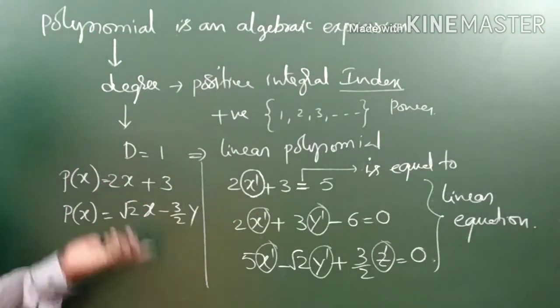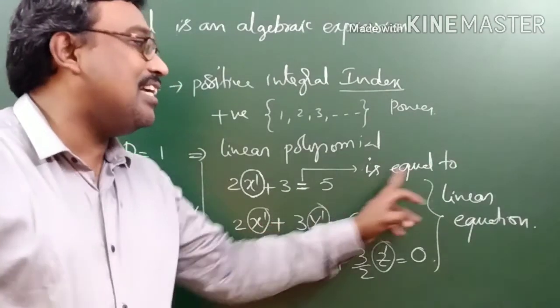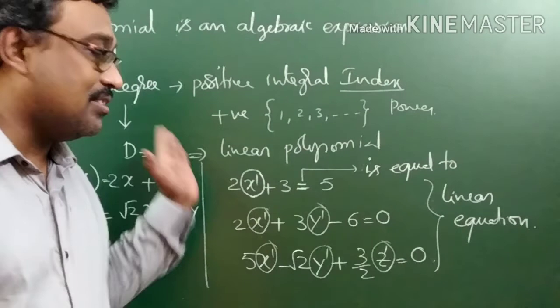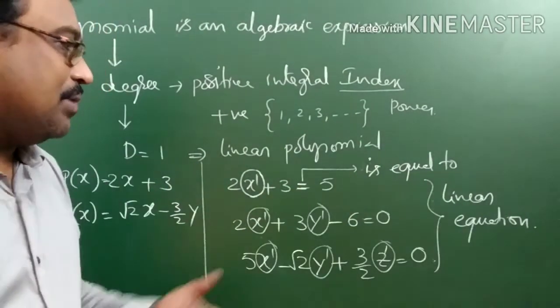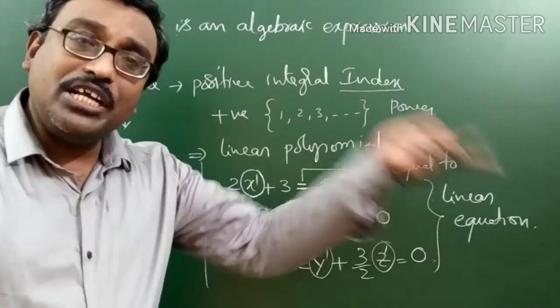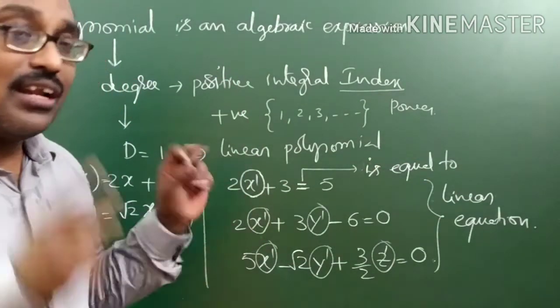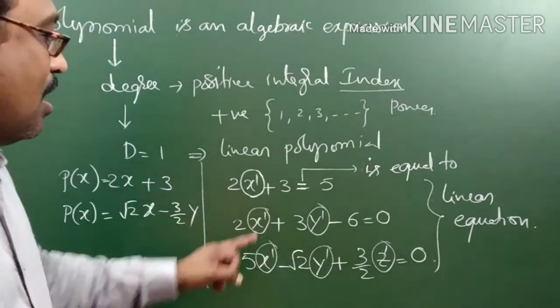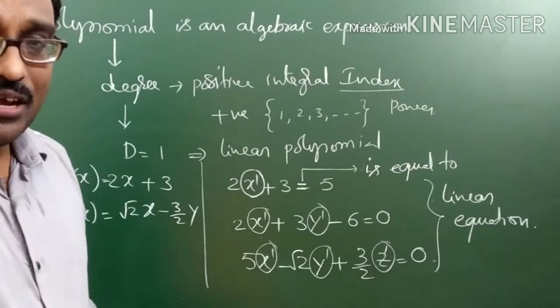For this linear polynomial, if I add the symbol is equal to, with LHS and RHS either a number or 0, whatever it may be, then it is called a linear equation. If one variable is there, it is a linear equation in one variable; likewise two variables, three variables.